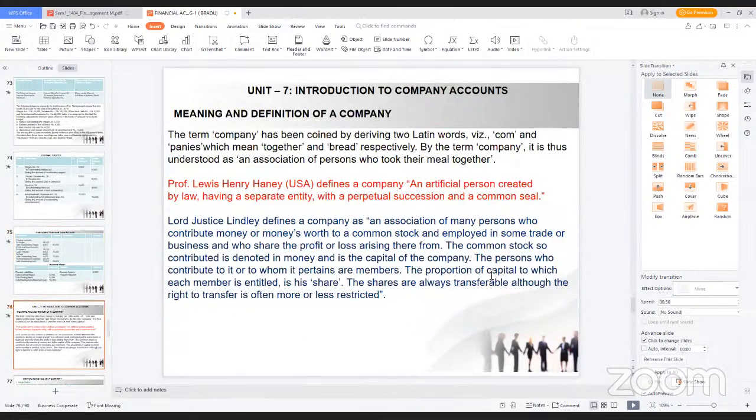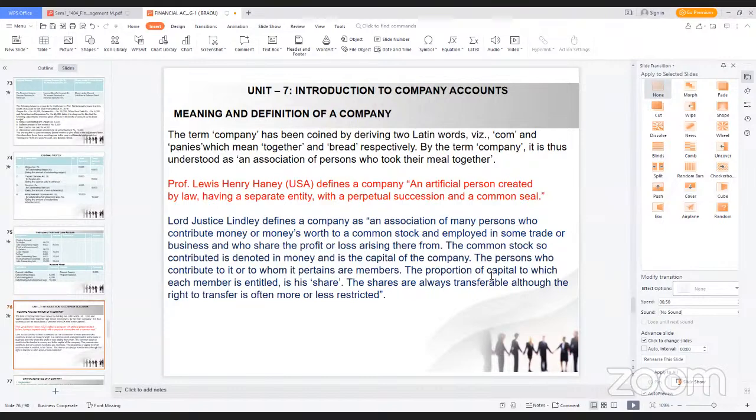Next is the introduction to the company. So here first we'll see what is the definition and what is the meaning of company.